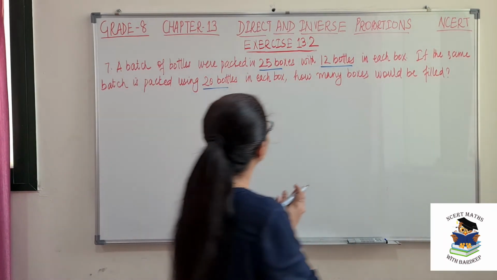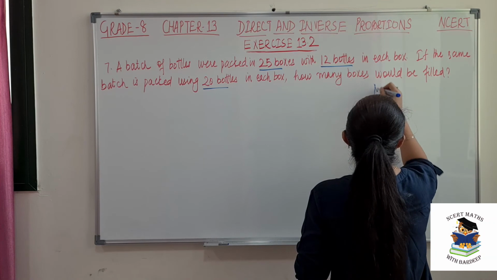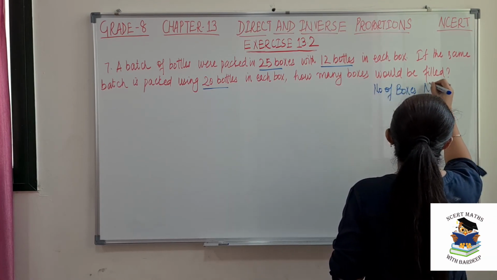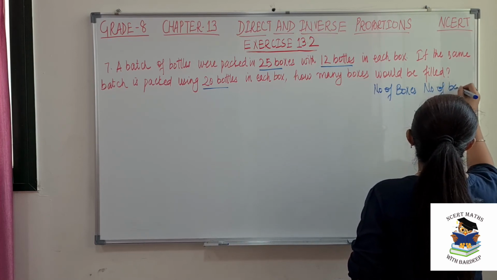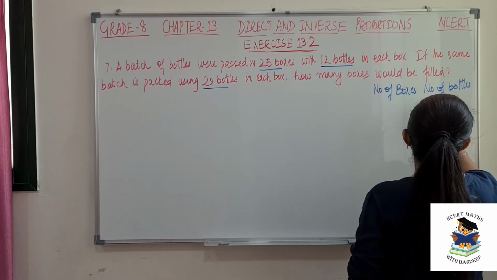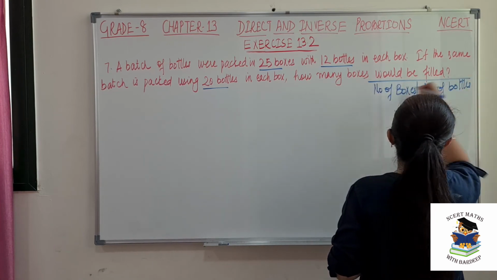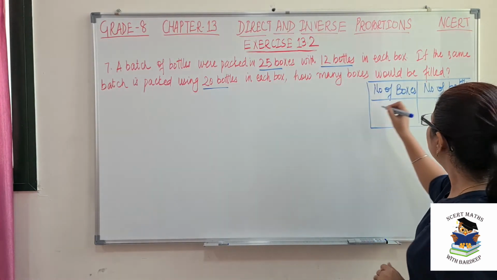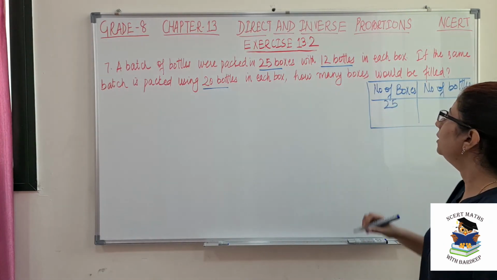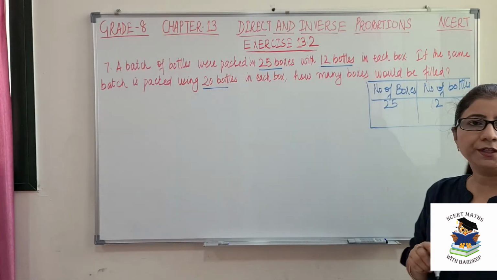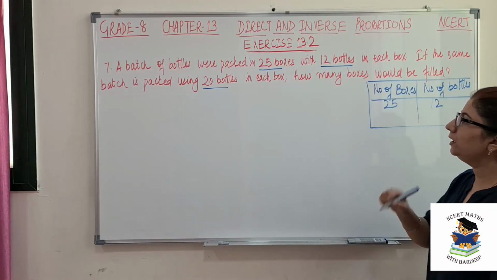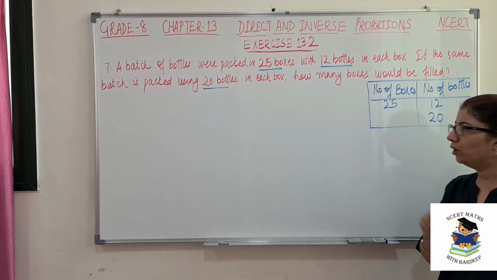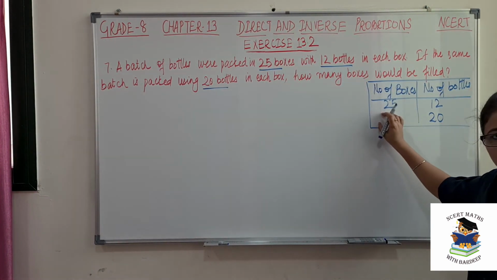So let's first make the table, that is number of boxes and number of bottles in each box. 25 boxes are there if we have 12 bottles in one box. Now they want us to pack 20 bottles in one box, so we need to find the number of boxes.